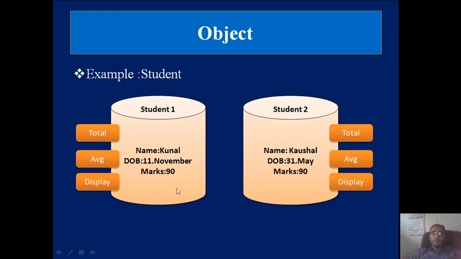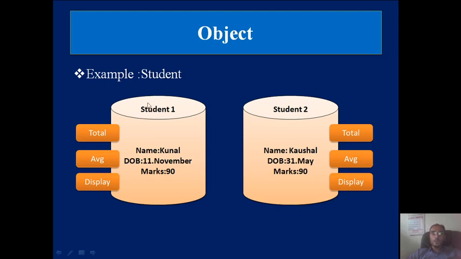If we are making two entities, student 1 and student 2, both will have their own data member values, say name, date of birth and marks. Both students will have different values. They can be the same also, but once memory allocation is initiated, even though the values of every attribute are similar, their existence will be different in memory.